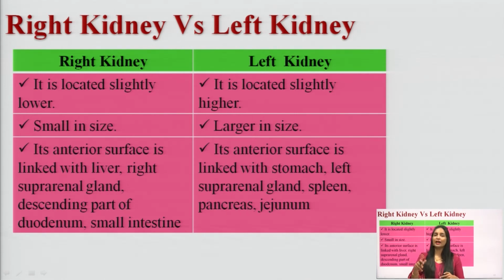Due to this asymmetry, the right kidney is slightly small in size and located in a lower portion.